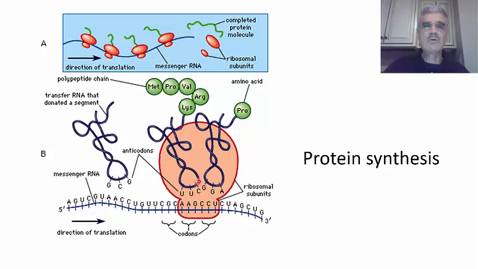Okay, so what happens is that the tRNA, having an amino acid already attached to it, will come in and will find a location with the anticodon loop interacting in a complementary manner with the codons in the messenger RNA.